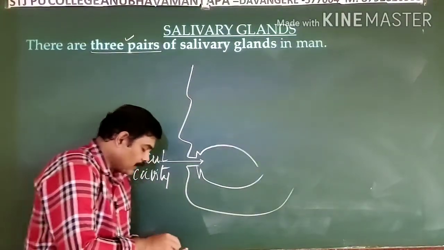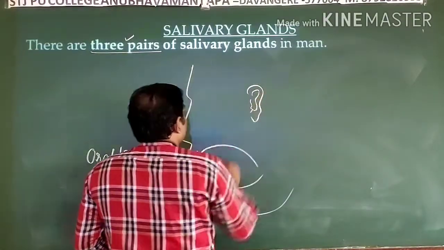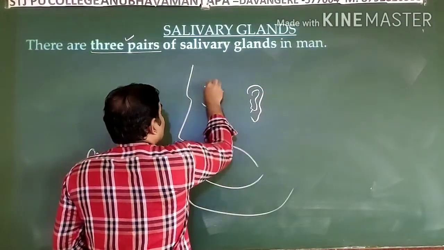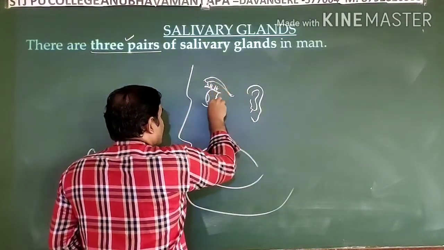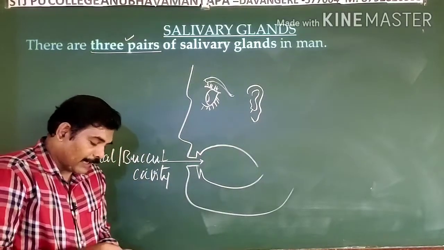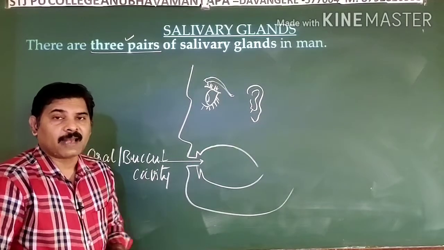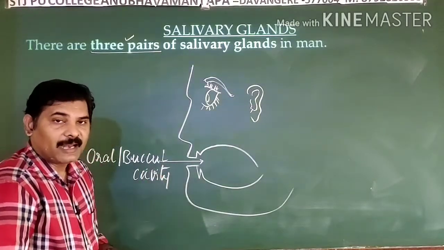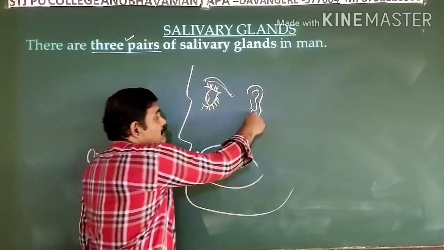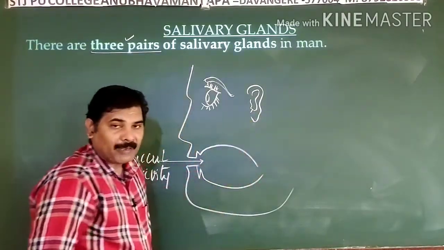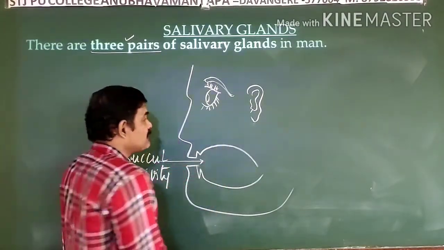Okay, actually here you can see your ear. Right. Now I'd like to draw the parotid glands, which are the biggest of all the salivary glands. As I said, the location of this one is below your ear pinna, right, and very close to your cheek surface.